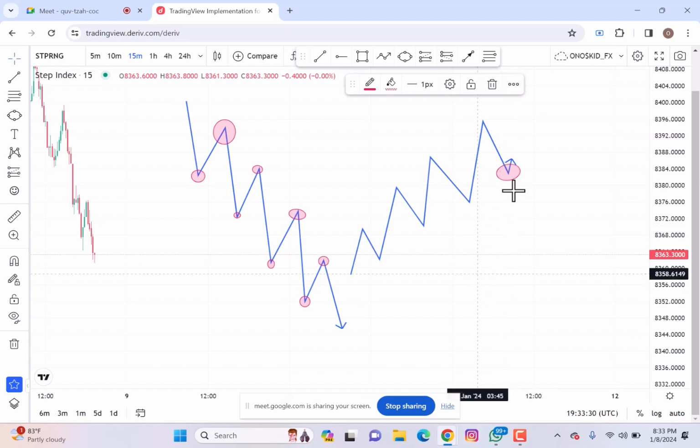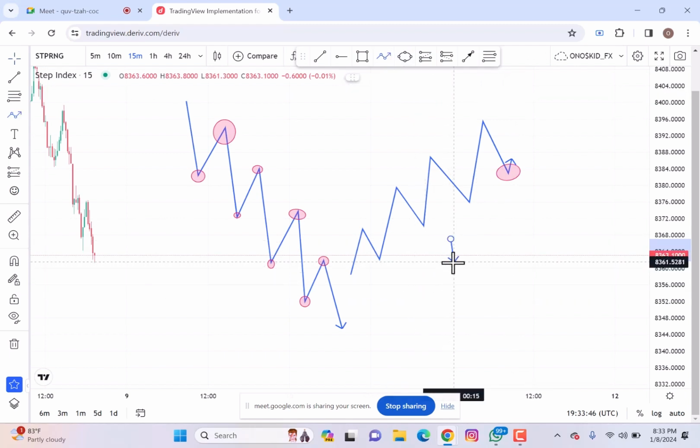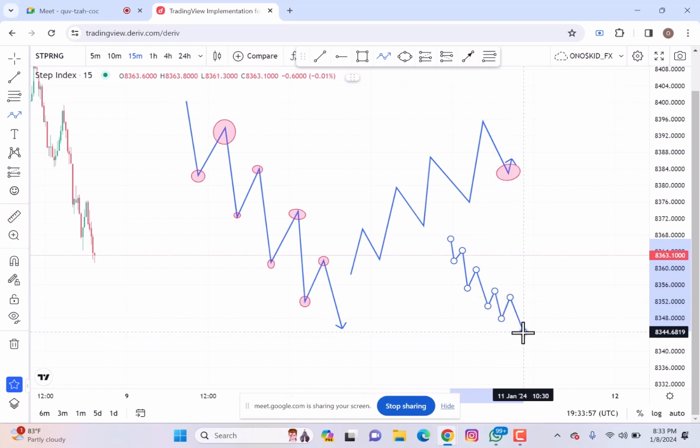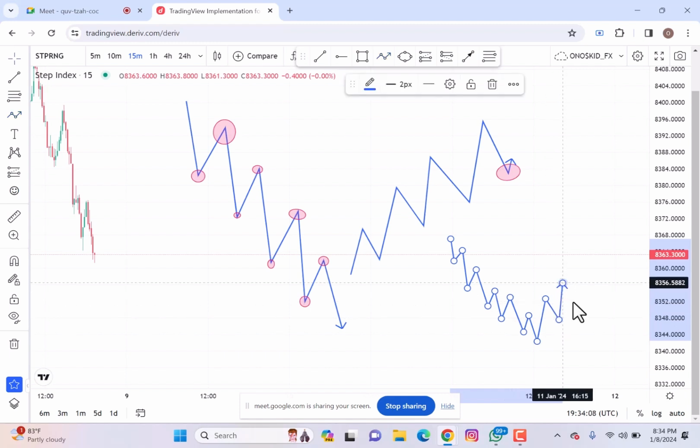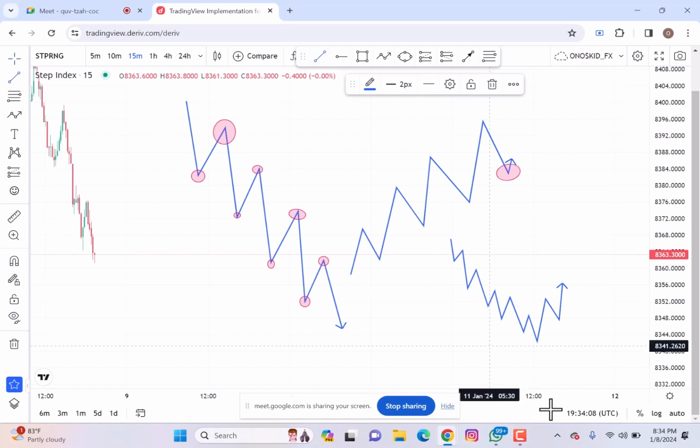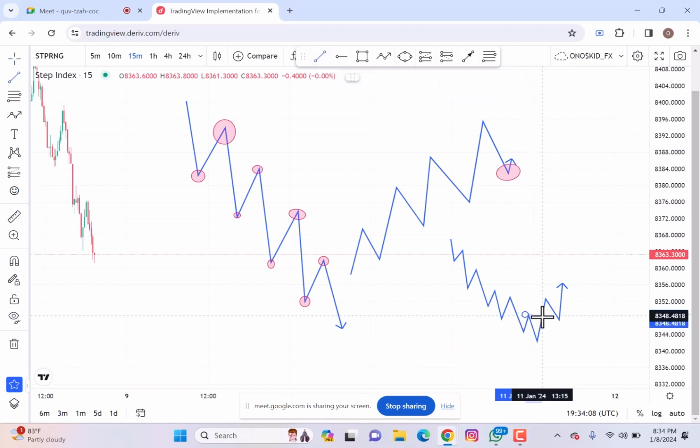And how you do that, when you come to the lower time frame, what you will see here is that the market will be creating a substructure of this kind, and then all of a sudden you see that change of character around here. This is where the change of character occurs.